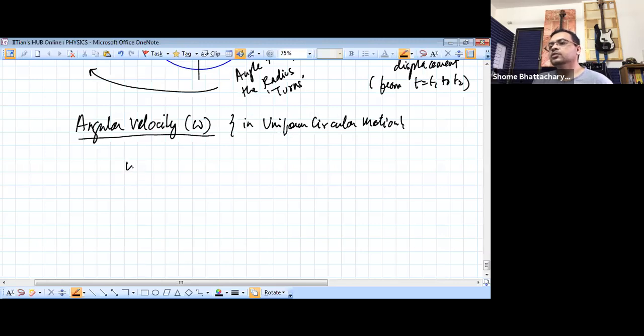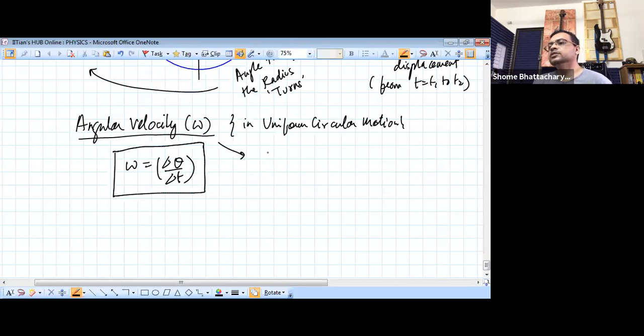So angular velocity is defined as delta theta by delta t, the rate of change of angular displacement with respect to time. This is the definition.